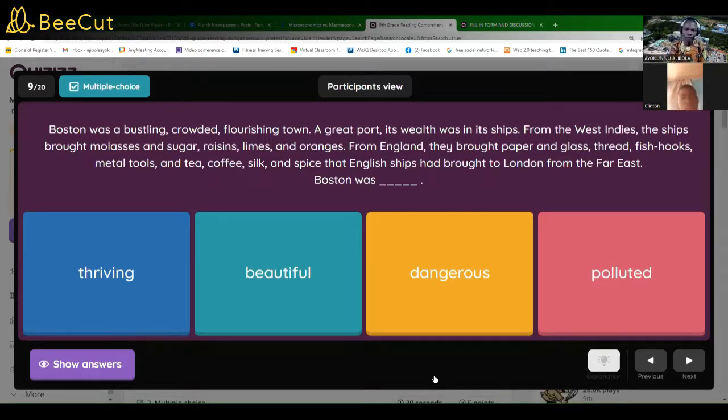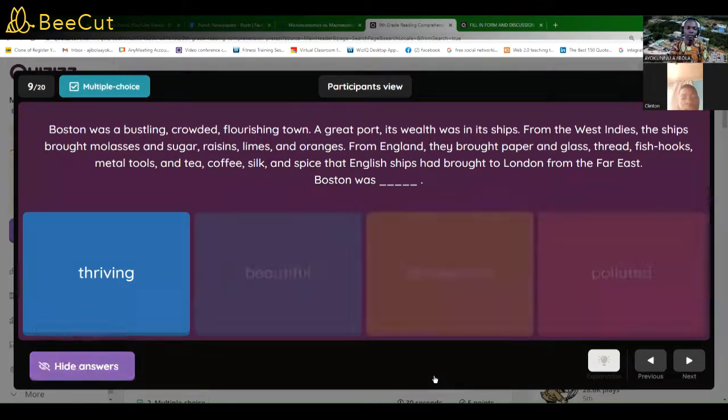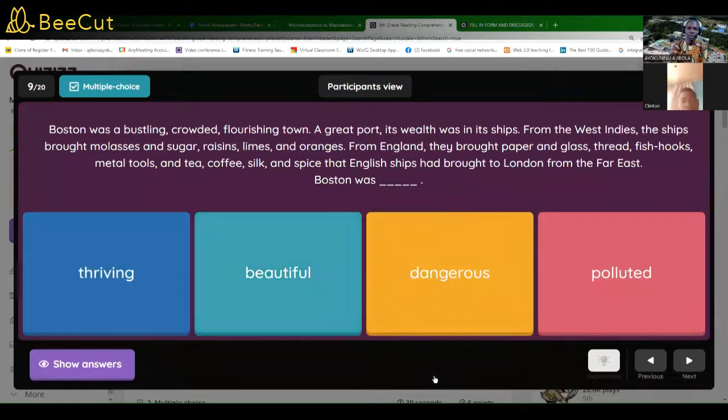From England, they brought paper and glass, thread, fish hooks, metal tools, and tea, coffee, silk, and spice the English ships had brought to London from the Far East. So Boston was dash. Thriving. That's correct. Boston was thriving, was growing.